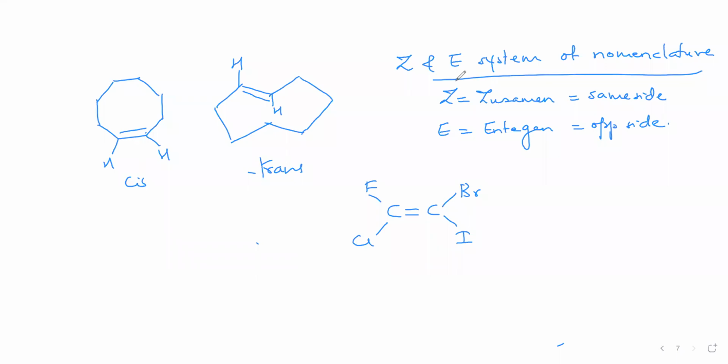Very good. Can this compound show two different configurations in space? In other words, can it show geometrical isomerism?